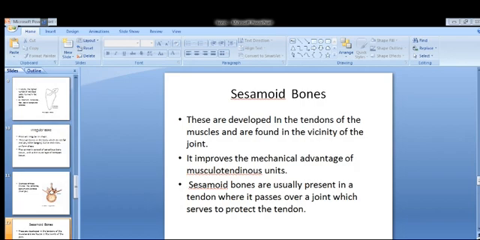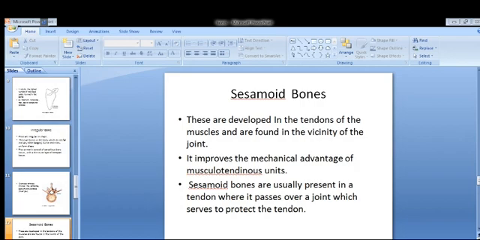Sesamoid bones. These are developed in the tendon of muscle and found in the vicinity of joints. So as I told you, the bones which are found in the muscles, in the joint itself, are not separate, but found in a particular area within the joint.